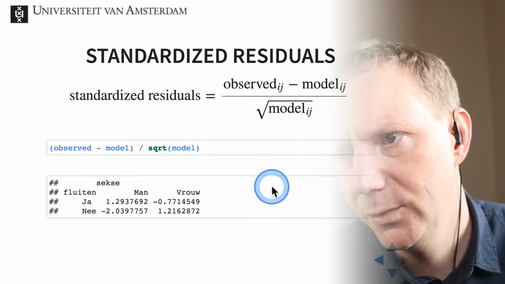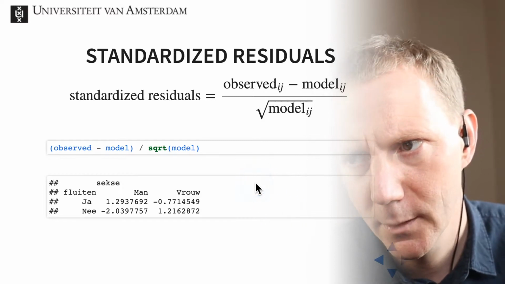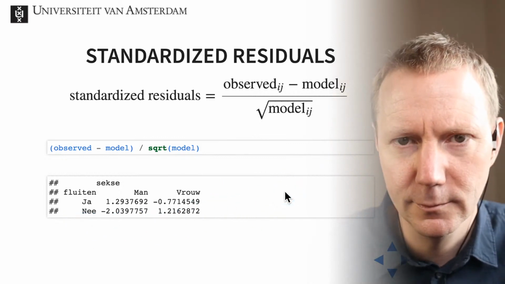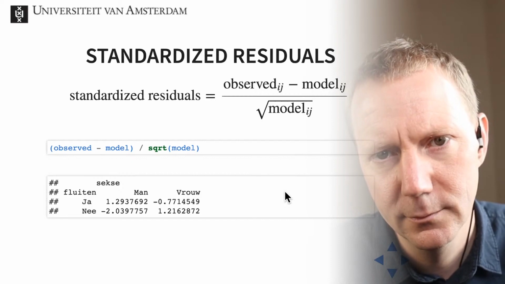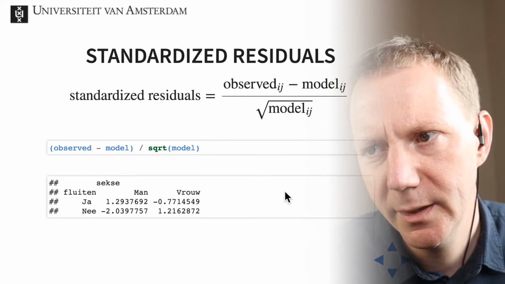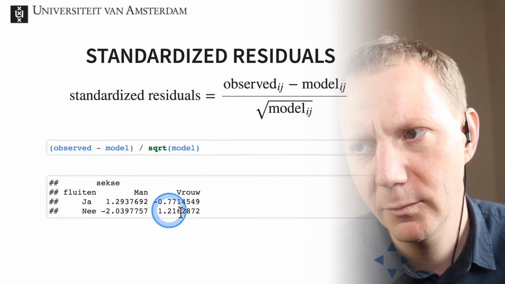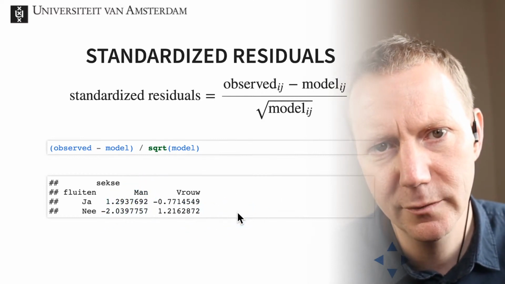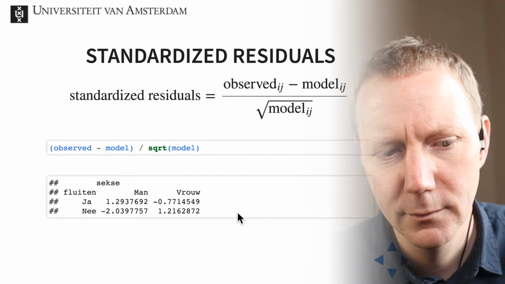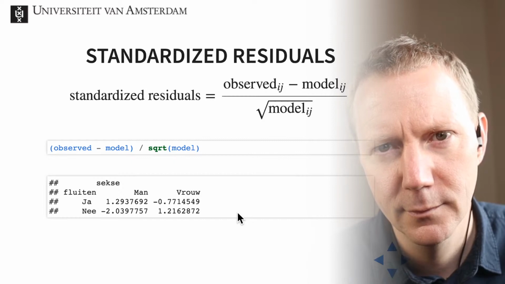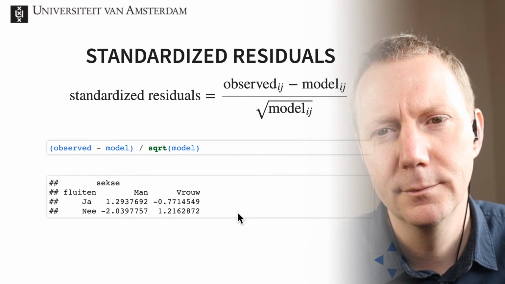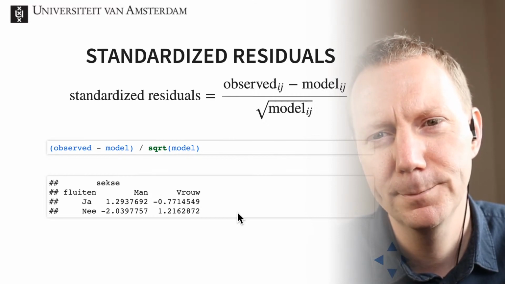So what do the values mean now that we've standardized, in terms of the size of these values? Anyone?